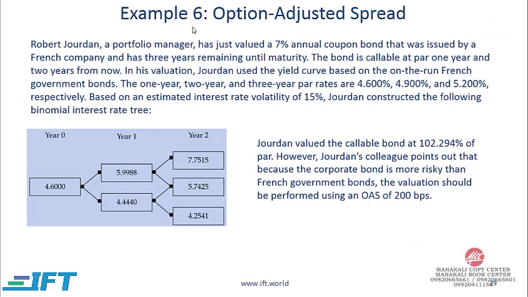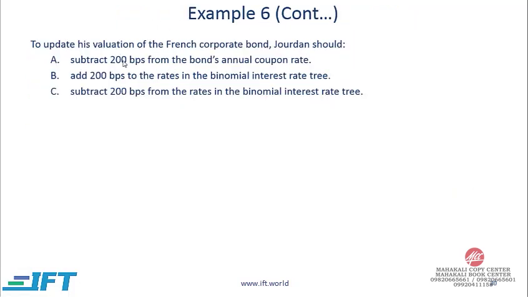Now I want you to work through example 6. Carefully read this information, and you need to have this in front of you as you solve the questions on the next slide. So here is the first question. To update his valuation of the French corporate bond, what should Jordan do?